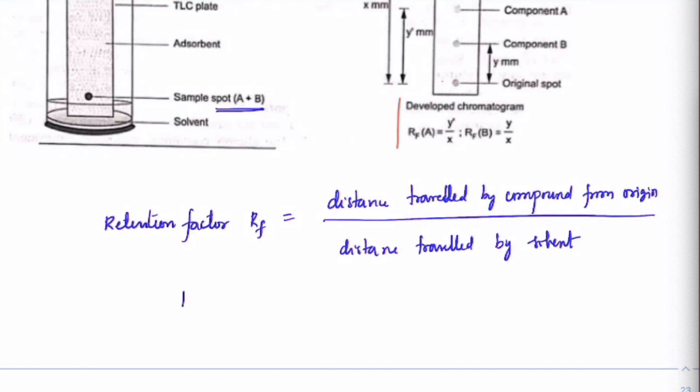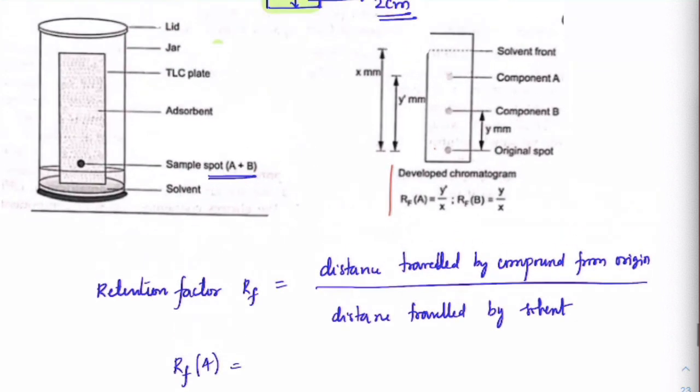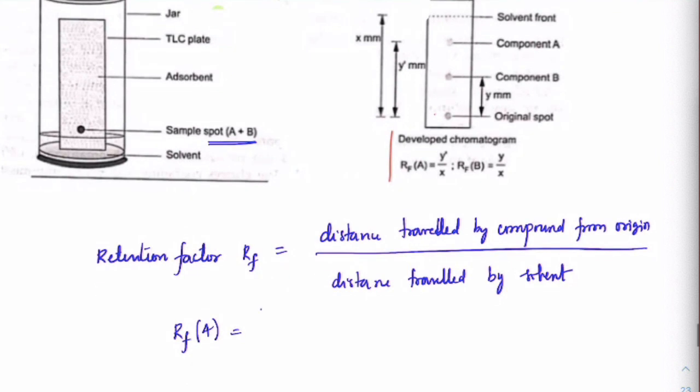So for example, if I have to find out retention factor of A, what would that be? For A it is this y dash by x. Similarly, retention factor of B, what would that be? It would be y by x, right?